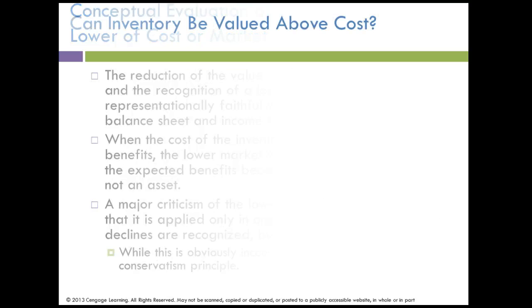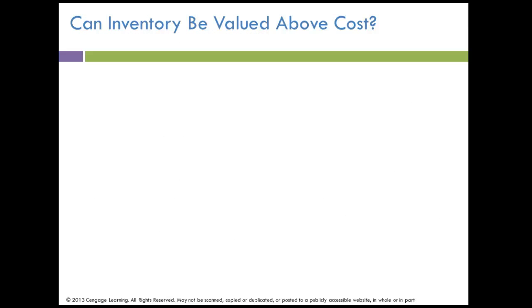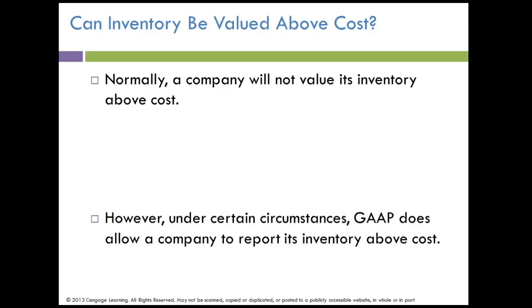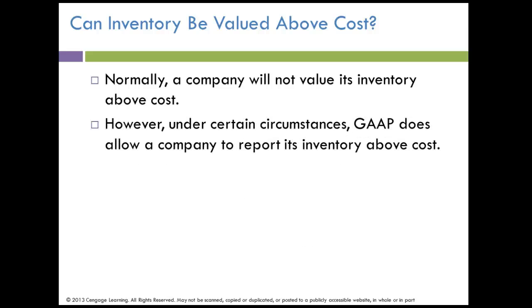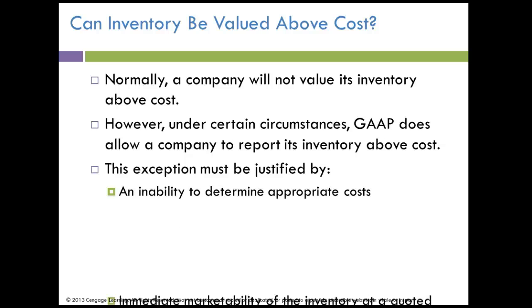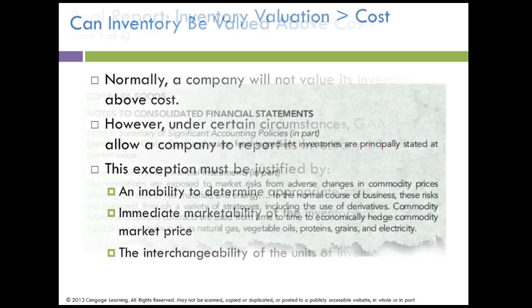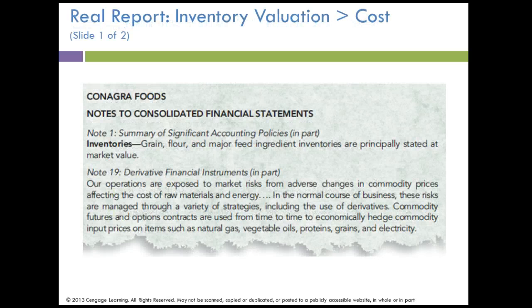The lower of cost or market has been going on for ages, and I don't foresee us valuing it ever above cost. Companies don't value inventory above cost. Under certain situations, GAAP allows it, and basically it's allowed just because they're such unique items they can't approximate it. But generally speaking, you're not going to see that as much.